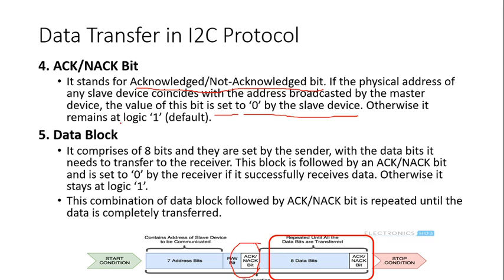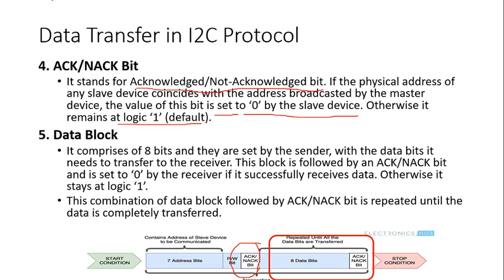Otherwise, it remains at logic 1. So it is giving the acknowledgement for the given address. If the address is matched, it will set it to 0. If the address is not matched, it will set it to 1.